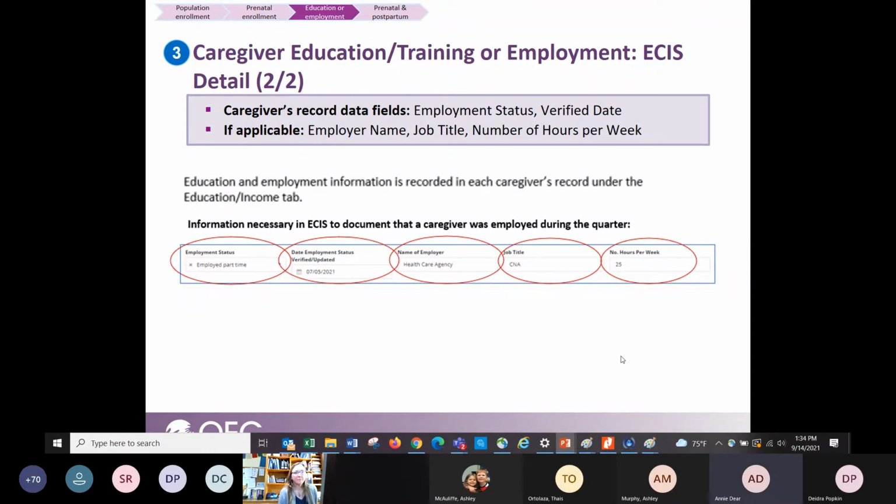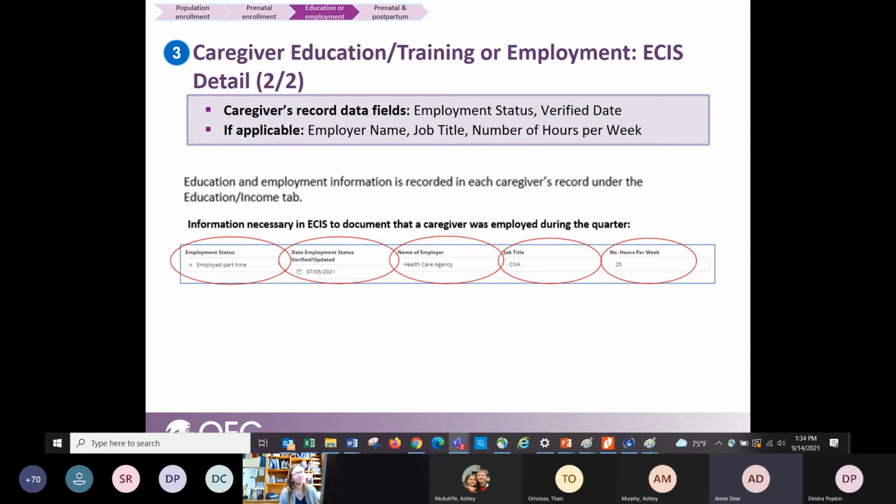I know Ashley is hitting a lot of the questions that are coming in the chat, so thank you, Ashley. But there was one that got buried a little bit that is related to this. It was just, can you use the last date of the month in which the quarter ends? I think the date that you're supposed to be using is based on whatever is actually happening in the context of your visits or your communication with caregivers.